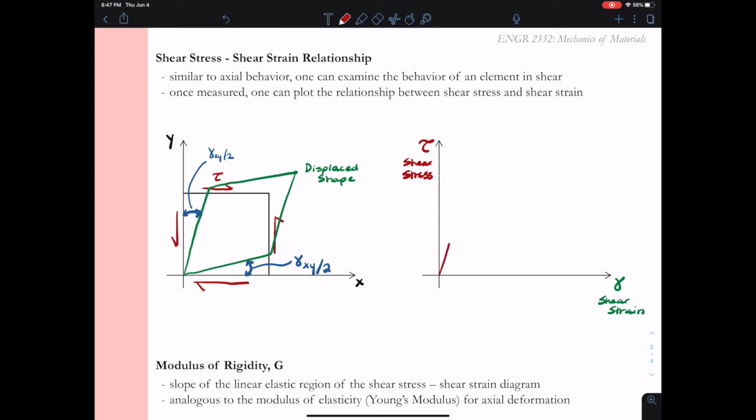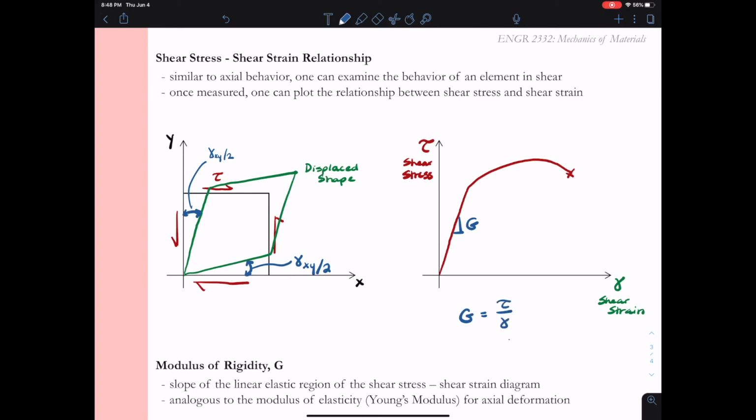Now, we haven't really talked too much about shear stress, and we're going to get more into this when we talk about torsion. But we'll see that shear doesn't behave quite like axial stress and strain. It's similar in the sense that it has a linear elastic region, but doesn't really show the yield plateau.